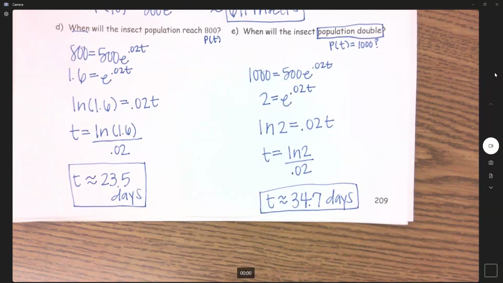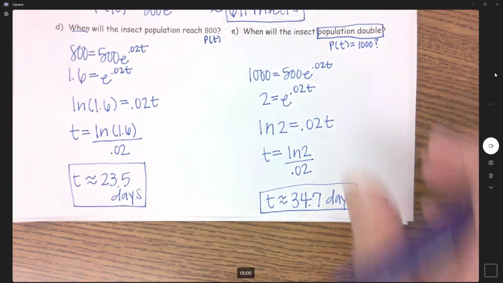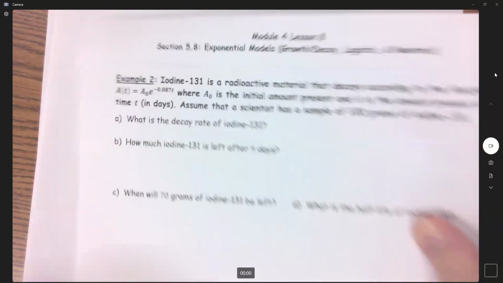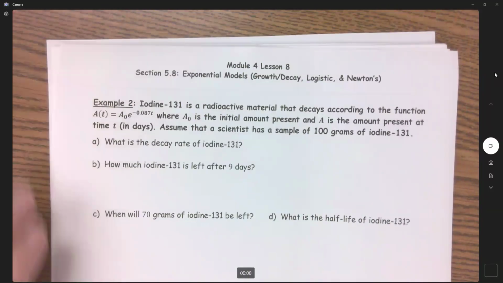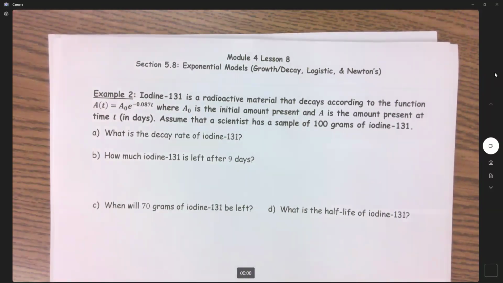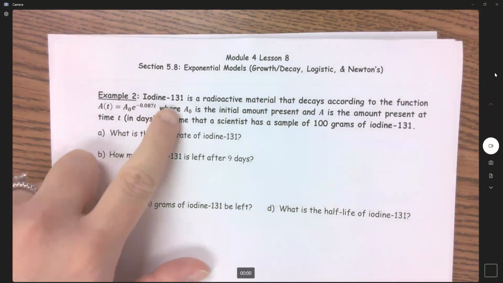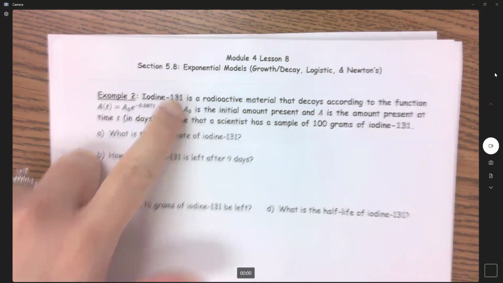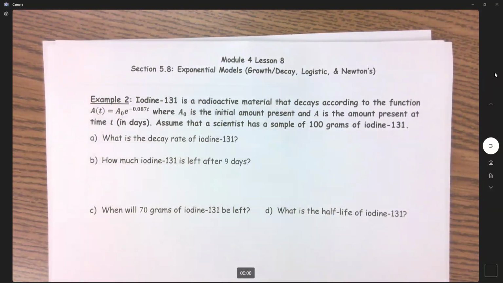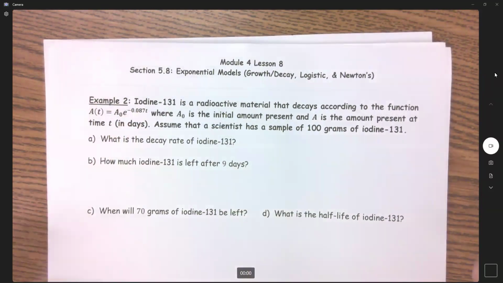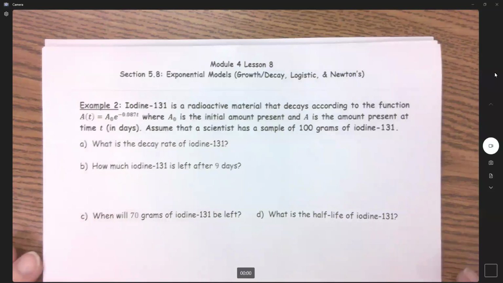Okay, let's try one more example in this video. So the next page, example 2, we have iodine 131 is a radioactive material. And so this whole thing, iodine 131 is its name. So I'm not going to be using that 131 in my formula and in my process. Okay, that's just the name.